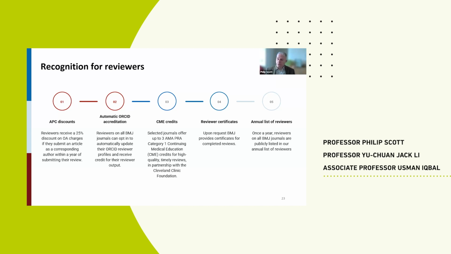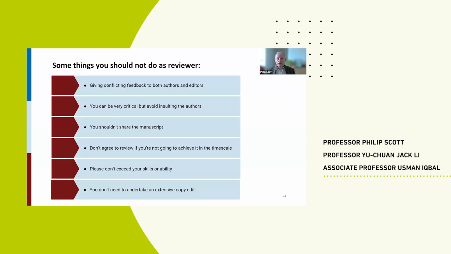Step 4, we also provide annual certificates. So BMJ is able to recognise through a formal certificate that you've been a reviewer for us during a particular year. And then also annually, step 5, we publish reviewers for all BMJ journals, which are available through a public list.